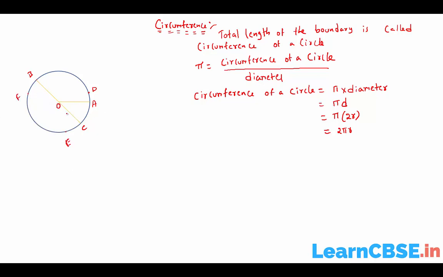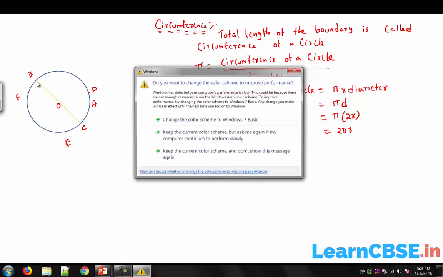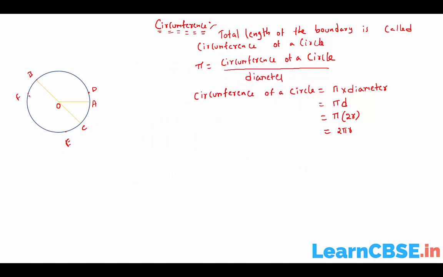That means if you take the length of the diameter along the circumference, you will cover it 3 times and some more will be left, just less than a diameter. So the total length can be taken as pi times d.